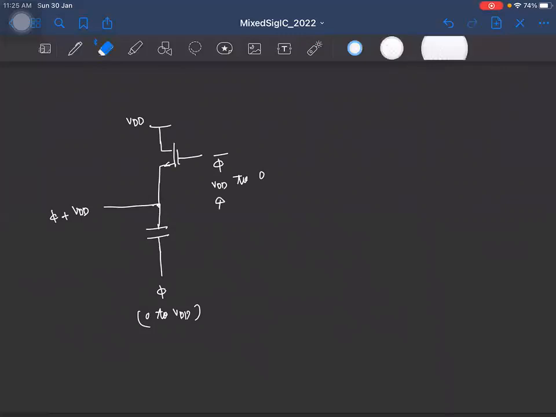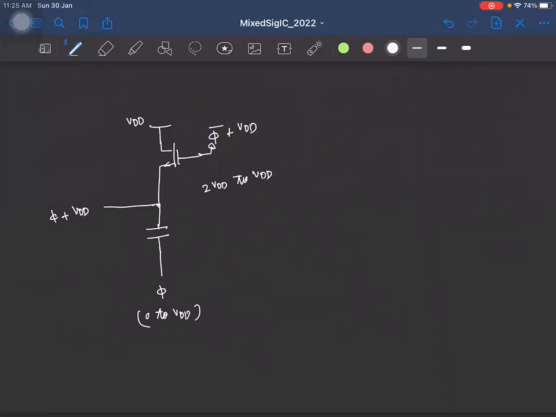So this voltage has to be 2 VDD to turn the switch on, right? But also note that to turn the switch off, we don't have to connect the gate voltage to 0. We can simply connect it to VDD, right? So instead of having a signal phi bar, what we need is the following. We need the gate to be connected to phi bar plus VDD, right? So this is my required gate voltage here, right? Which is phi bar plus VDD.